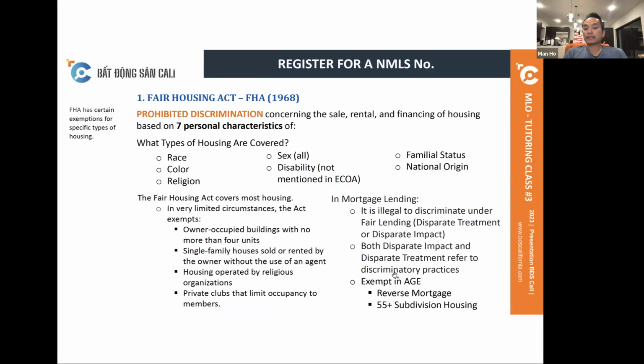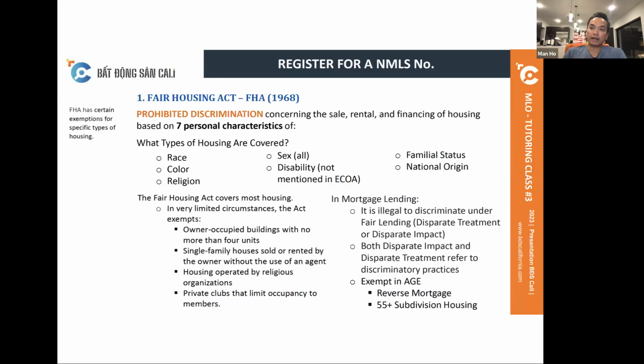Some of the exemptions are that certain areas don't allow anybody younger than 55 years old to live there. They call that a senior community, where you have to be 55 or older in order to live in that community. This is violating the rules about age, but they dedicated that area just for seniors, so it's an exemption.